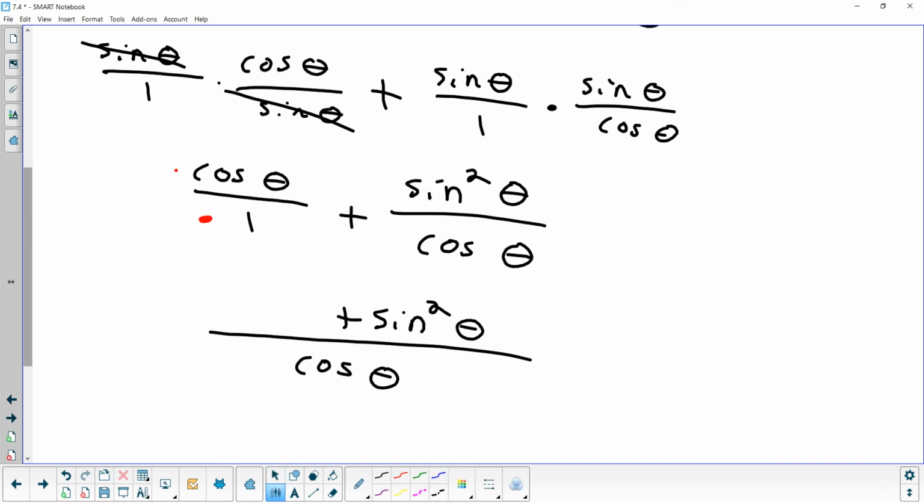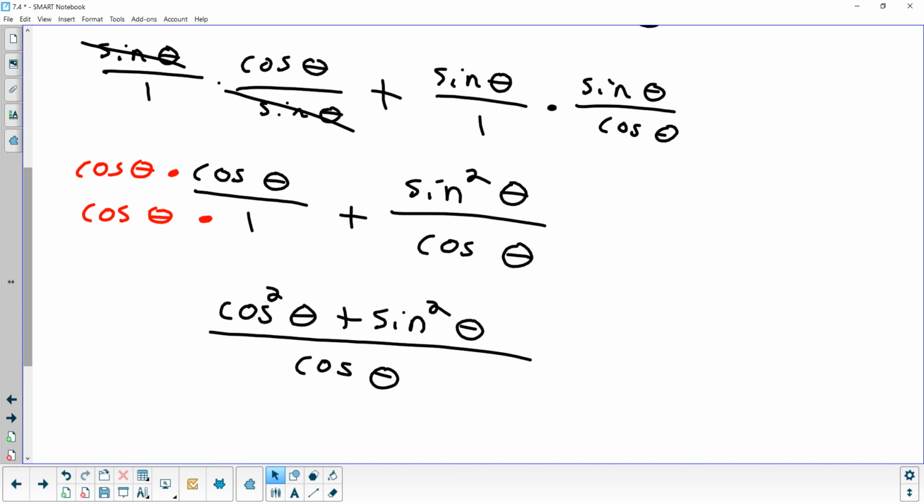So, what would you have to multiply the top and the bottom by to make it the common denominator? Yep. Cosine. Now, cosine times 1 is cosine. There's your common denominator. And what's cosine times cosine? Yep. Cosine squared.